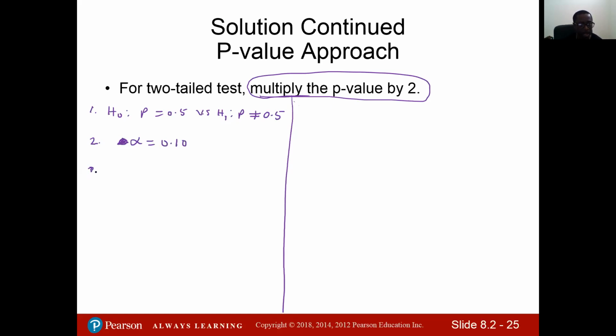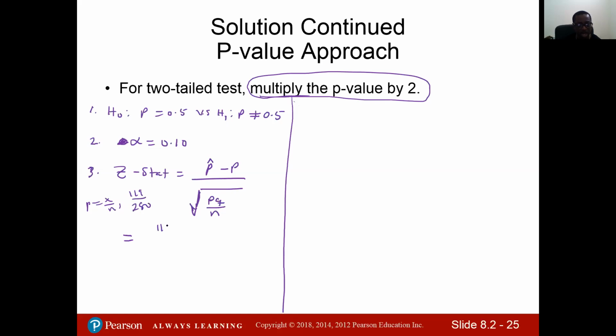And then step 3, what is my test statistic? It is a Z statistic, in this case p hat minus p over the square root of p times q divided by n. Now, according to the question, p hat is x over n, where x is 119 and n is 280.